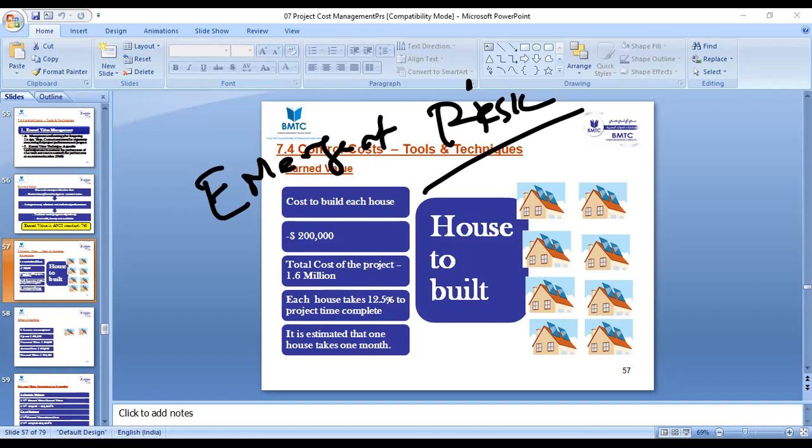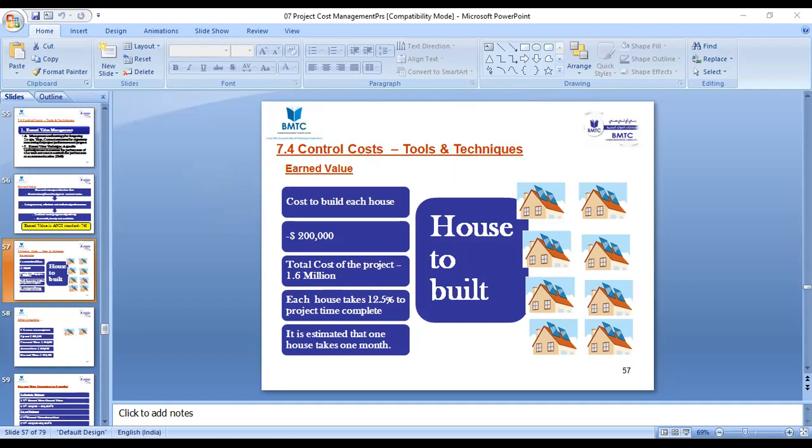Yes, right? Now what happened here? We have to do the trend analysis. Be very cautious, guys. There are two things we need to take into consideration. One is called ETC. The other one is called EAC. So what do you mean by ETC and what do you mean by EAC?